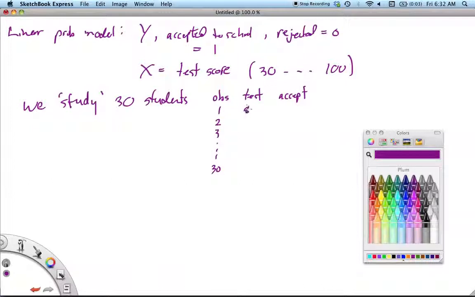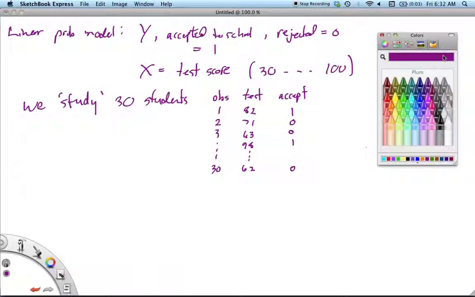Test score might be like 82, 71, 63, 98, and so on, down to like 62. Okay, great. Accepted: yes, no, no, yes. So we're going to get something like this.